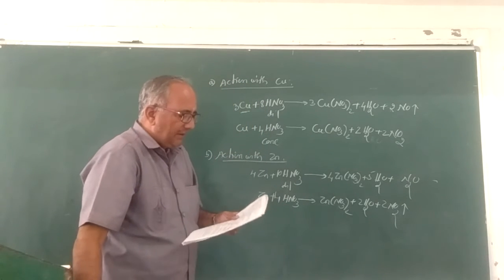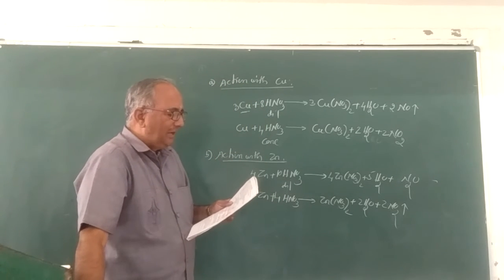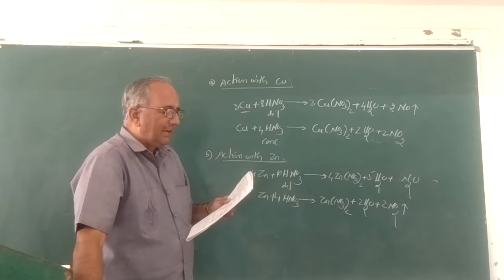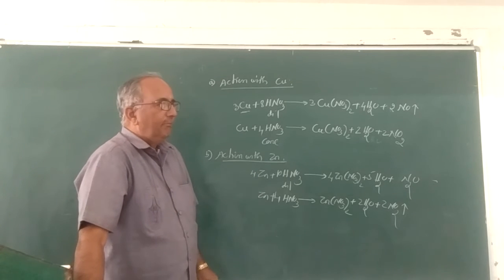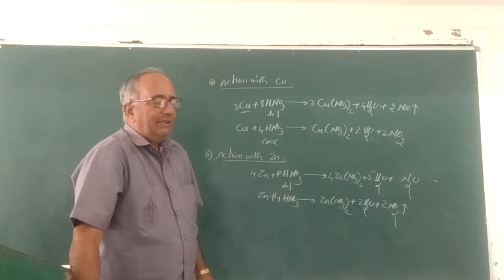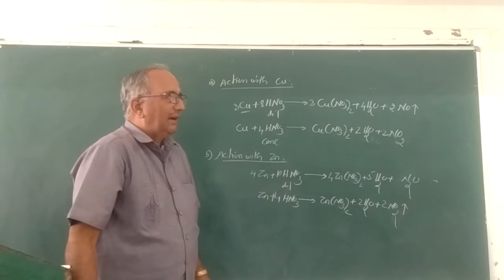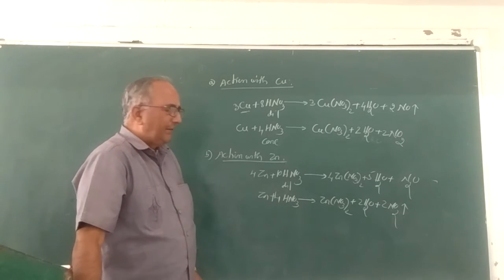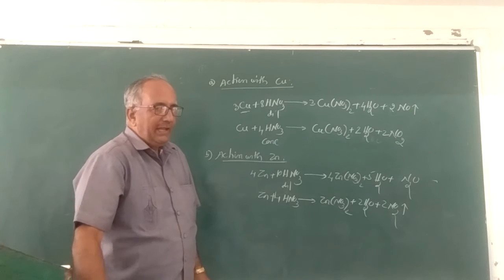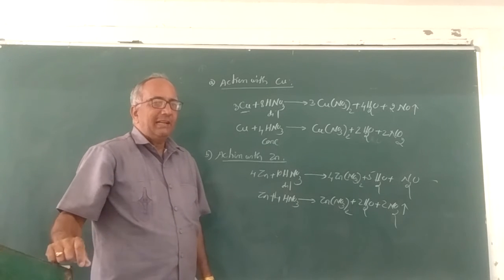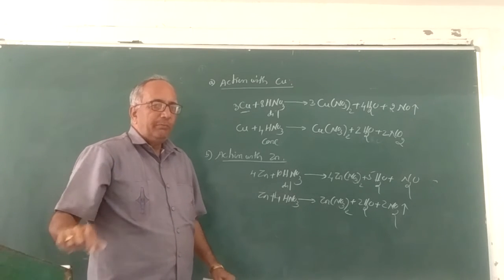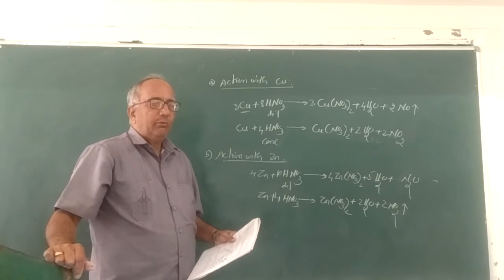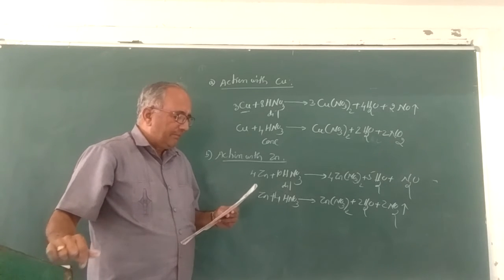And some metals like chromium and aluminum do not dissolve in concentrated nitric acid, because why? They do not react with the concentrated acid, the aluminum and the chromium are not affected, because an oxide layer exists. That oxide layer will prevent the oxidation of the chromium and the aluminum.